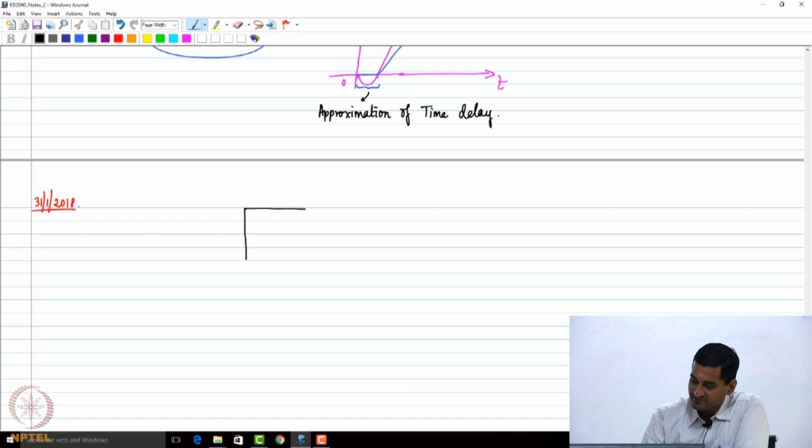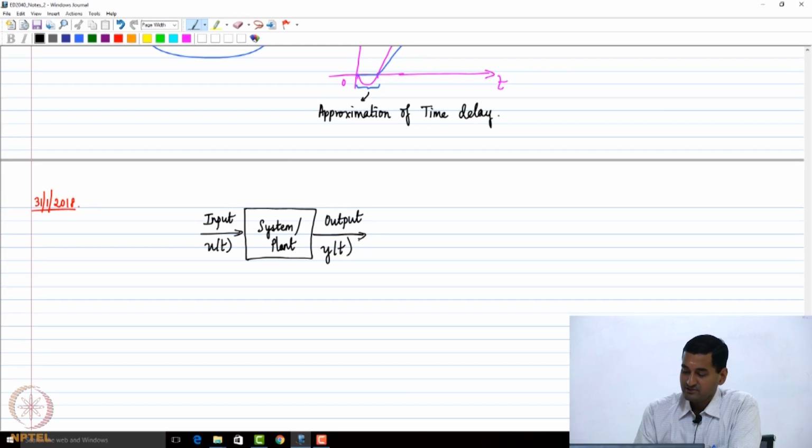this course itself. If we consider a dynamic system or a plant to which we provide an input u(t), and we obtain an output y(t).